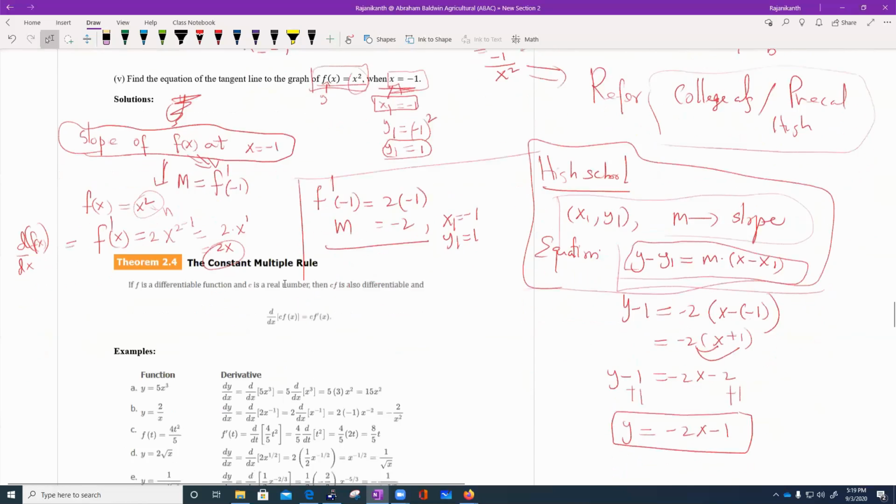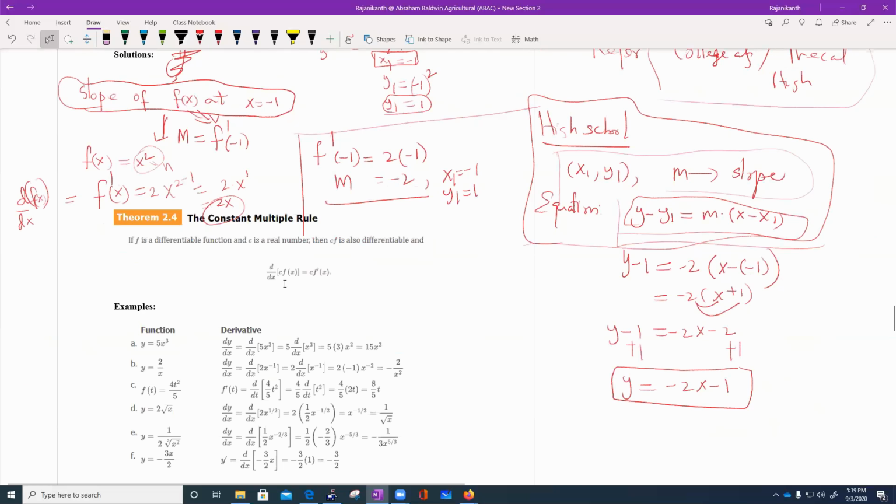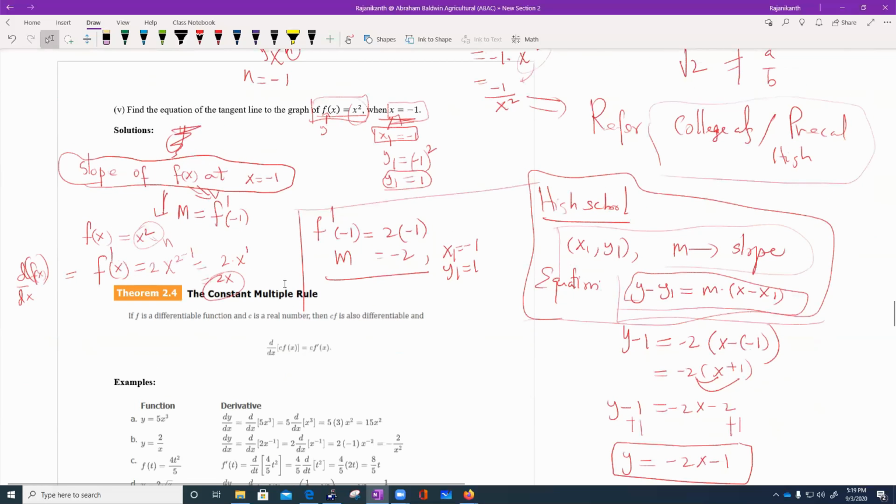Okay, and whenever you find f prime, which would be 2x, you have to substitute it with -1. N is 2 for this problem, so you plug in 2 there.